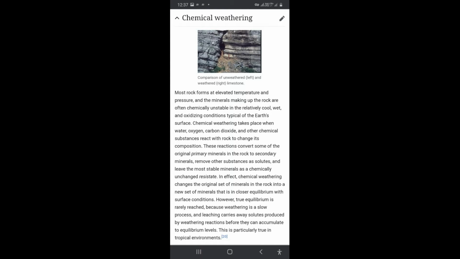An example is the weathering of orthoclase. The difference between the two types is that in the first one, we have a water molecule that is getting fixed. That is hydrate formation: CaSO4 plus 2H2O gives CaSO4·2H2O, that is gypsum. That is a hydrate.